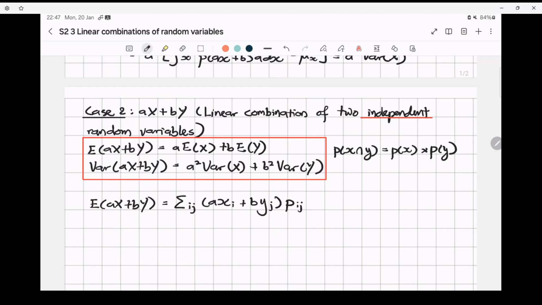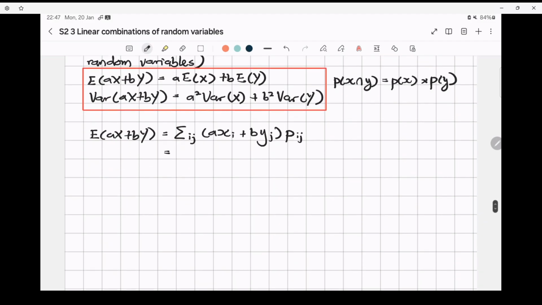This is the definition of independent probability distribution. Over here, Pij is basically P(x intersect y). Because we assume that those are independent, you can break it down further. So this is basically Pi Pj. Take note that Pi equals Px, Pj equals Py, and Pij is P(x intersect y).